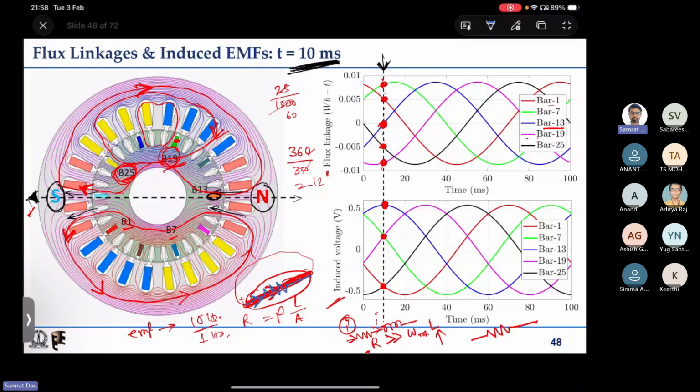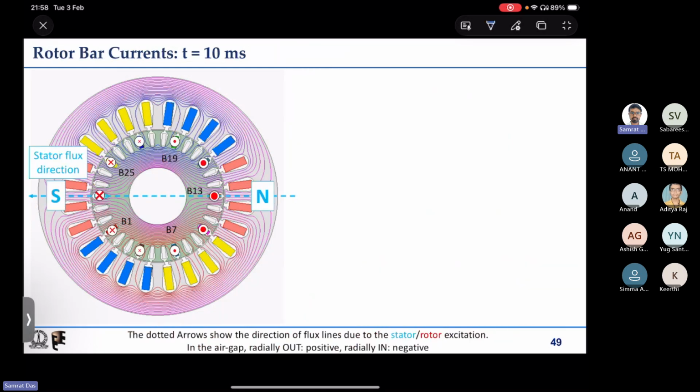We have seen in this case that bar 13 has maximum flux linkage and maximum induced EMF, so bar 13 will have maximum current also. That is what I have put here with a big thick dot, because it is positive, that is why I have put a dot for current.